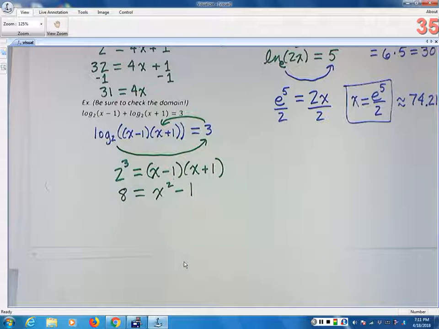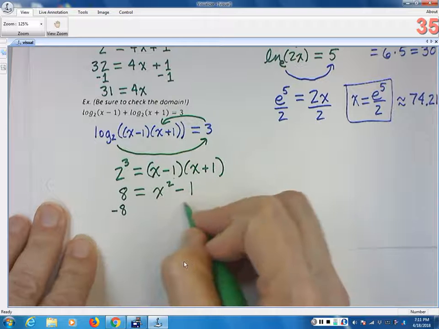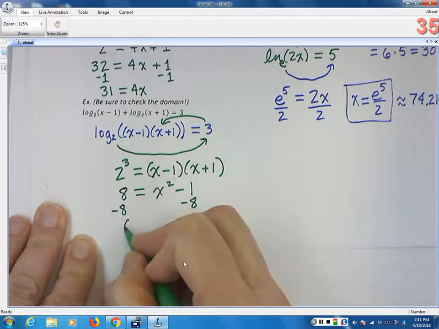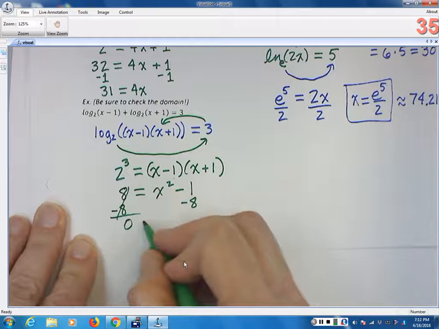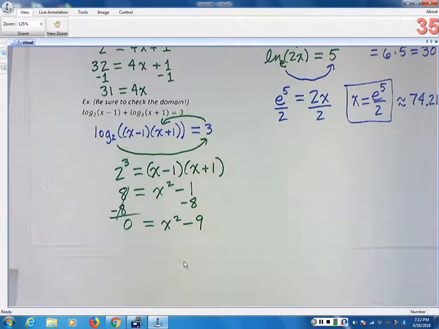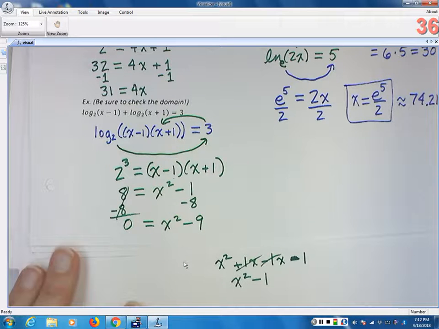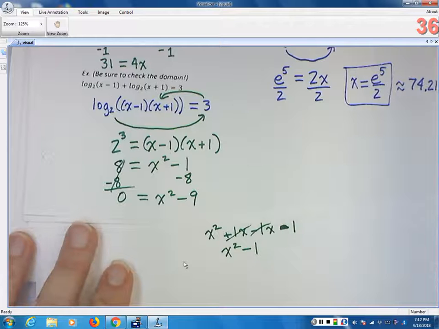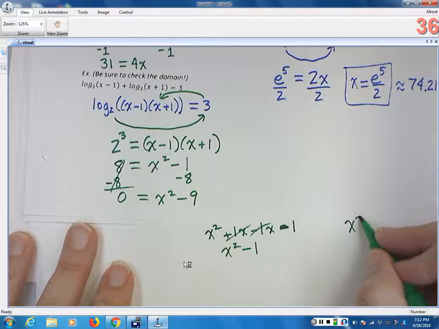Now if you have an x squared term, you have to subtract the 8. You set it to 0. x squared minus 9. And this is if you're going to factor. How does x squared minus 9 factor?